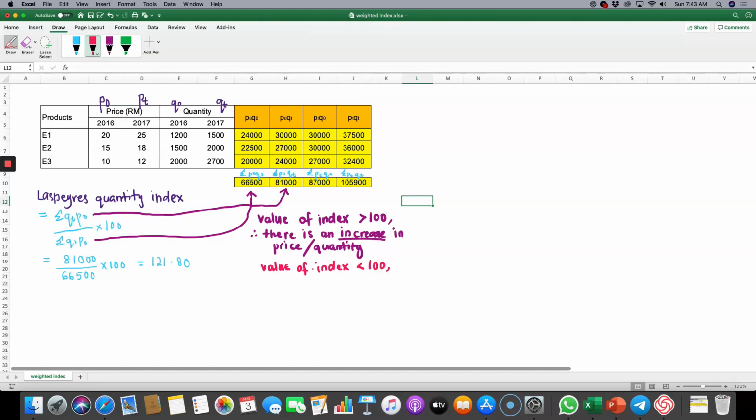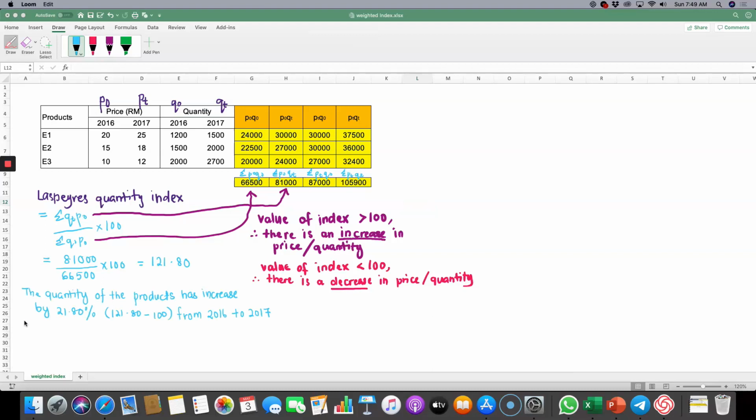If the value of index that you obtain is less than 100, therefore there is a decrease in price or quantity. The quantity of the products has increased by 21.80% from 2016 to 2017. Okay, that is how you calculate the Laspeyres index.